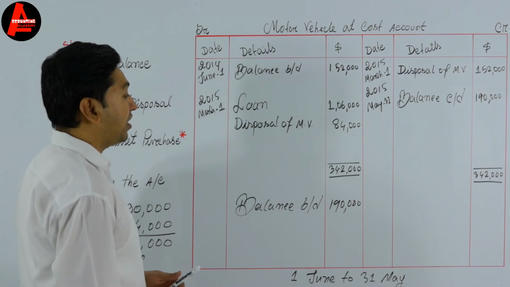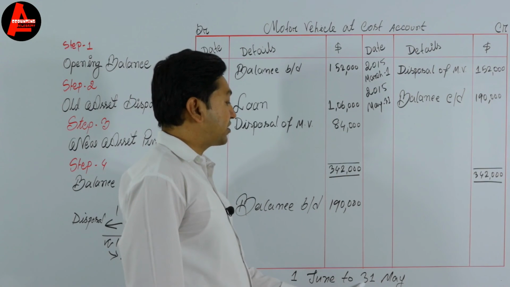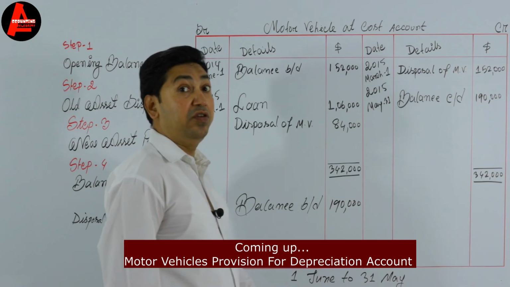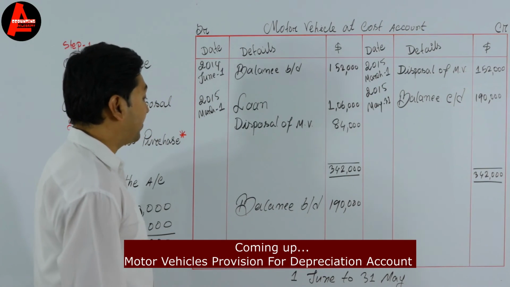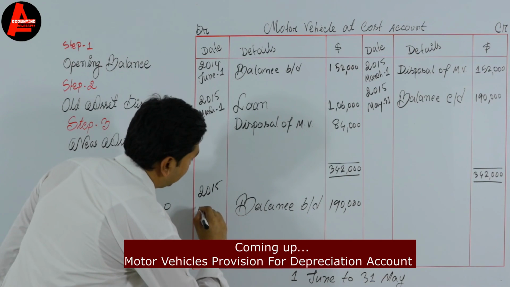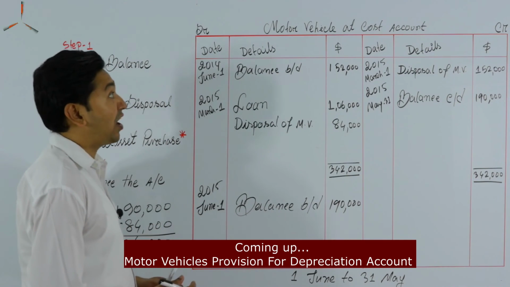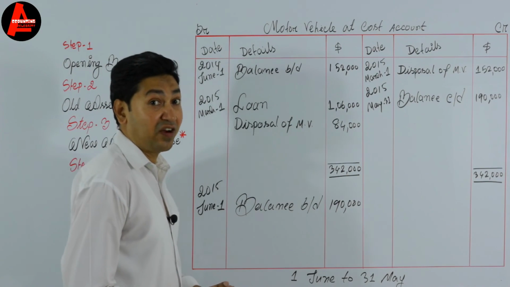Here the financial year starts on 1st June and ends on 31st May 2015, which means the new financial year will start on 1st June 2015. So let us write here 2015 June 1st. So this is how you need to prepare the motor vehicle at cost account.